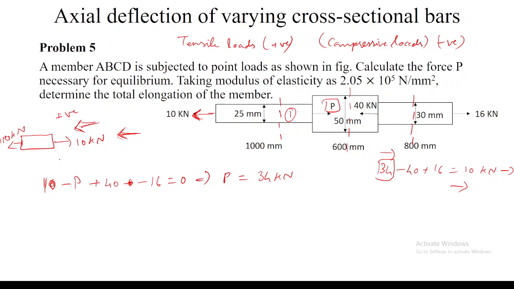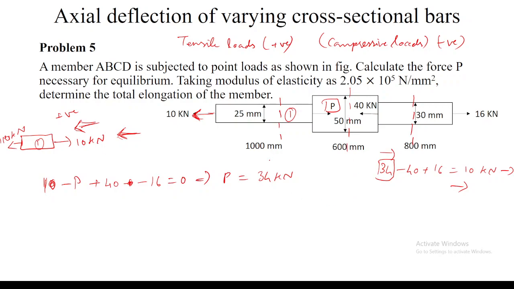Is this clear? So this is a tensile load for member 1.